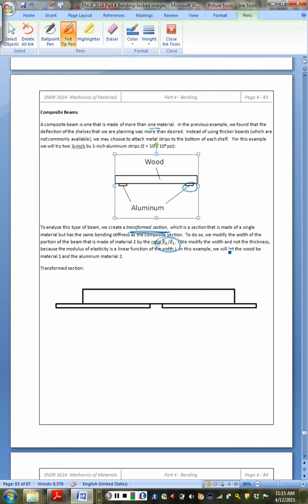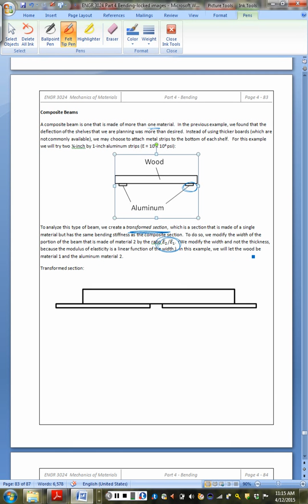We do this because this modulus of elasticity is linear in the width, and if we changed it in the thickness, the results wouldn't generalize.